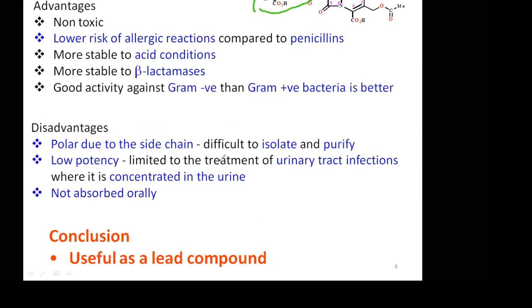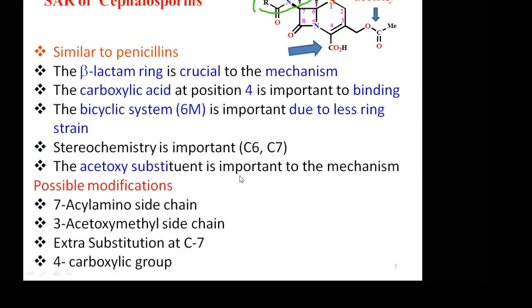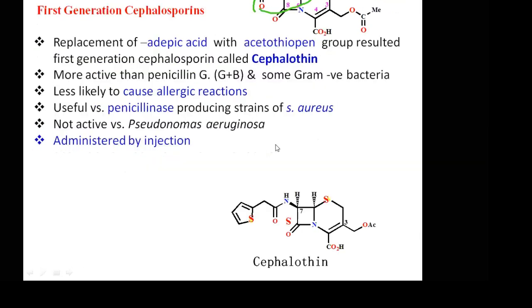That they replaced with, let me clear, with an acetothiophene ring, which gave us cephalothin. What is the drug we got after cephalosporin?